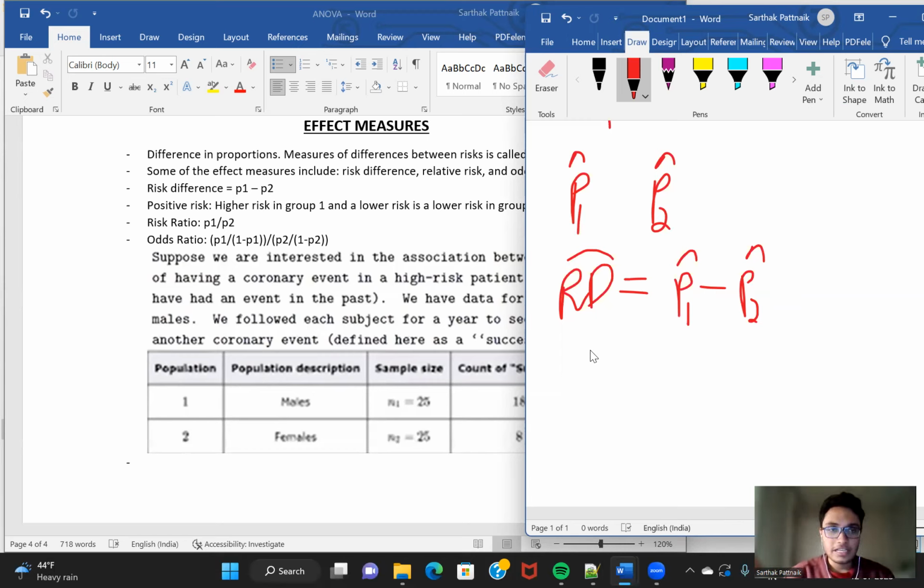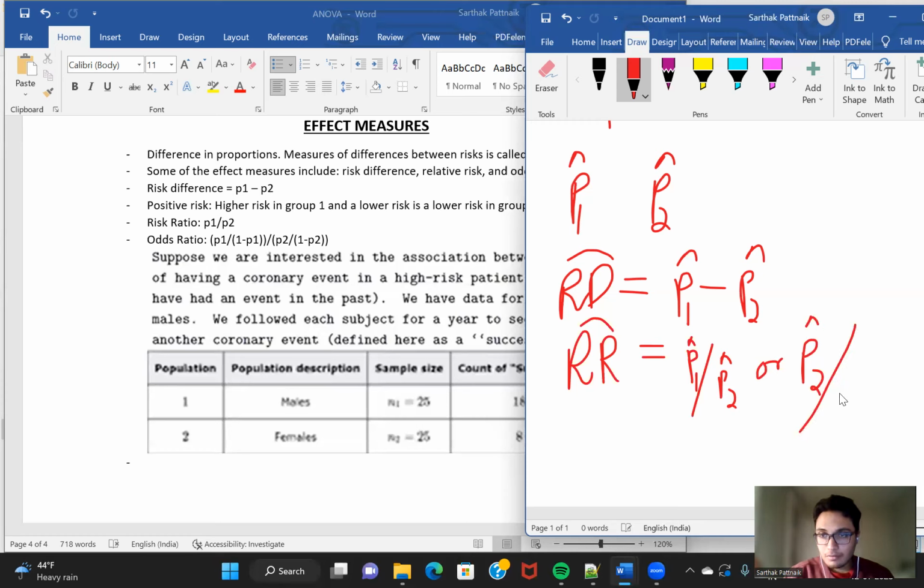The next estimate is risk ratio, also represented by RR. It is equal to P1 cap by P2 cap, or it can also be represented by P2 cap by P1 cap, depending on which sample you want to take as your reference group.